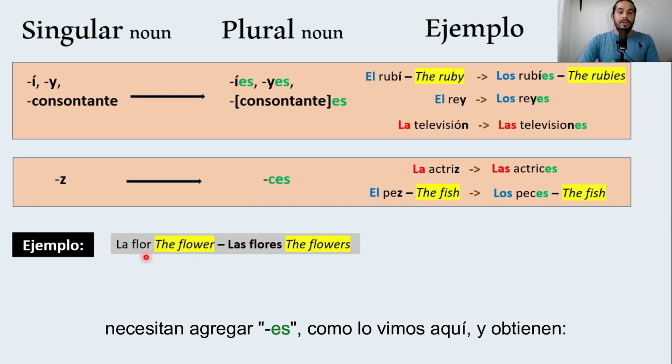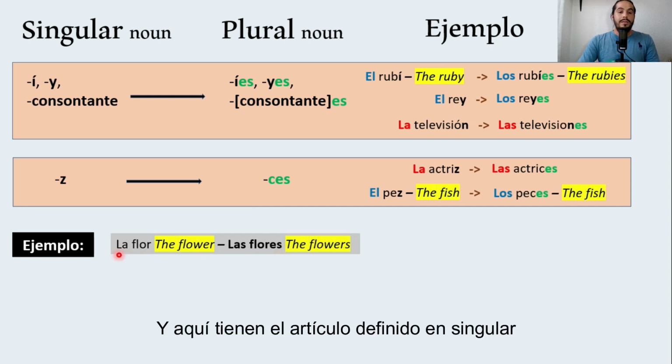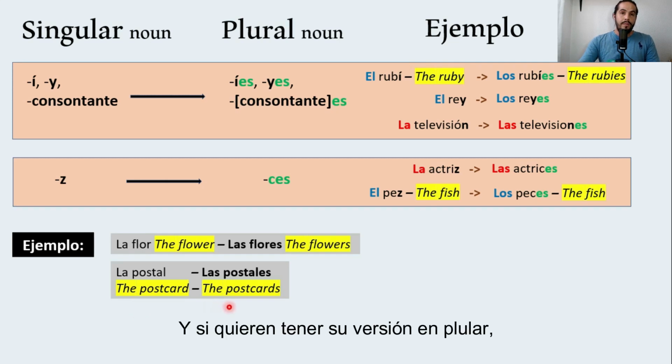So you get flores. And the definite article, here you have in its singular form. Now you have it in its plural form. Then you have la postal. And if you want to have its feminine plural version, it will be las postales.